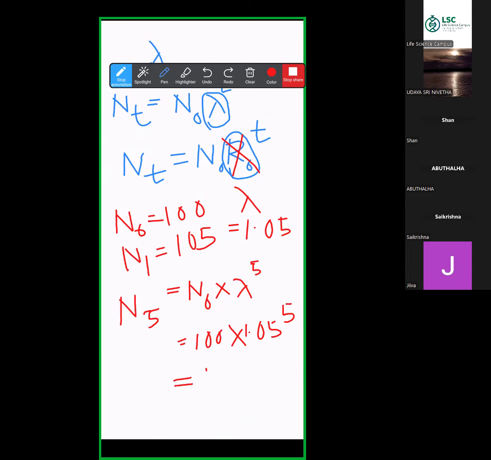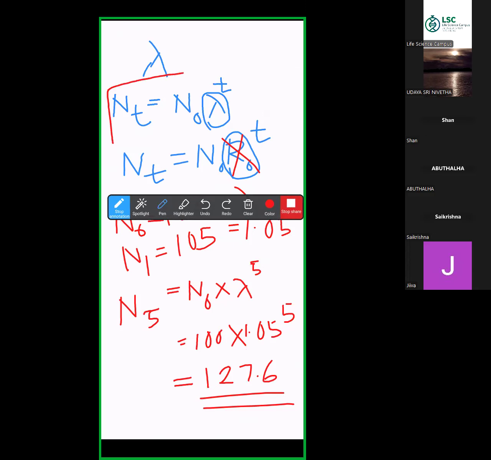After doing this equation, we will get 127.6. So this is the population size after 5 years. This equation is used for finding out population size after some time interval, or in the future generation. Is it clear? If you have any doubt, please ask.